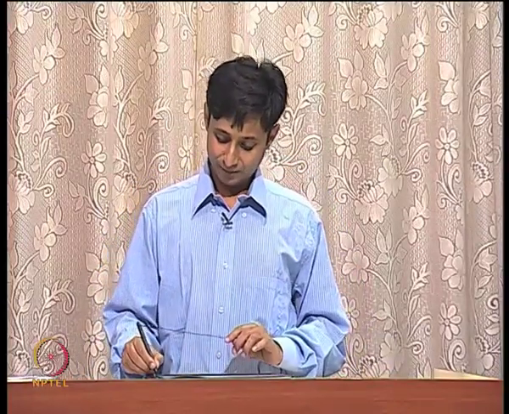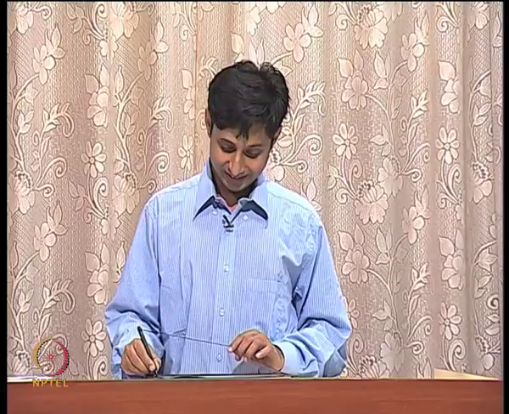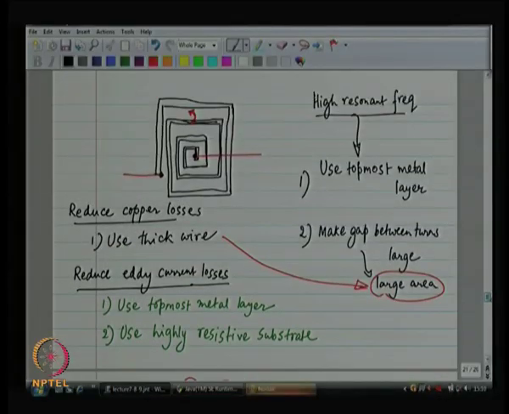Okay. What does this mean for our inductor design? For our inductor design, this is bad news as far as this objective is concerned: reduce copper losses.